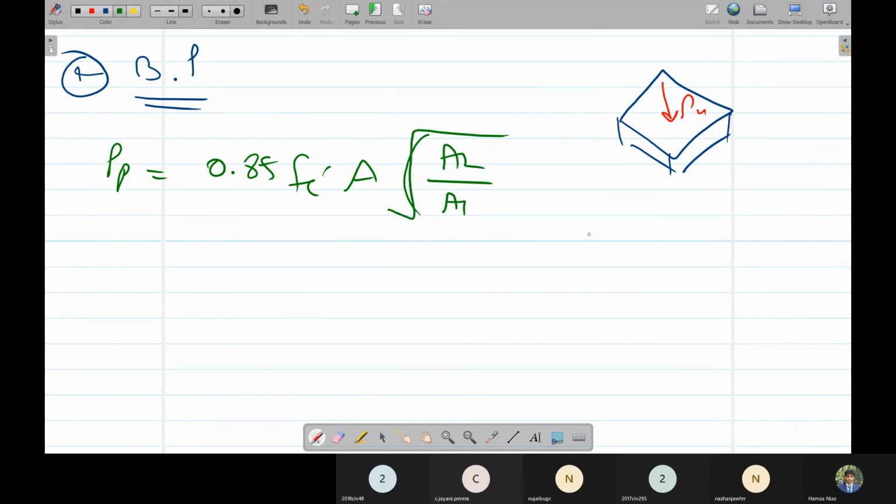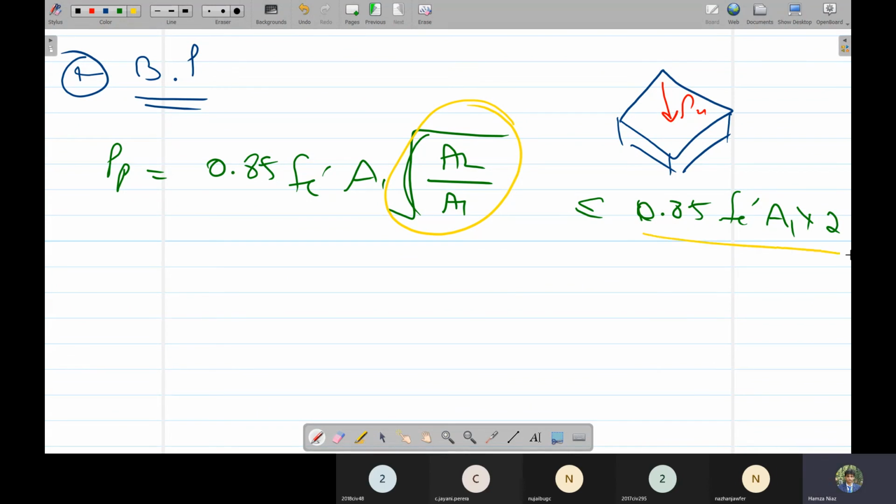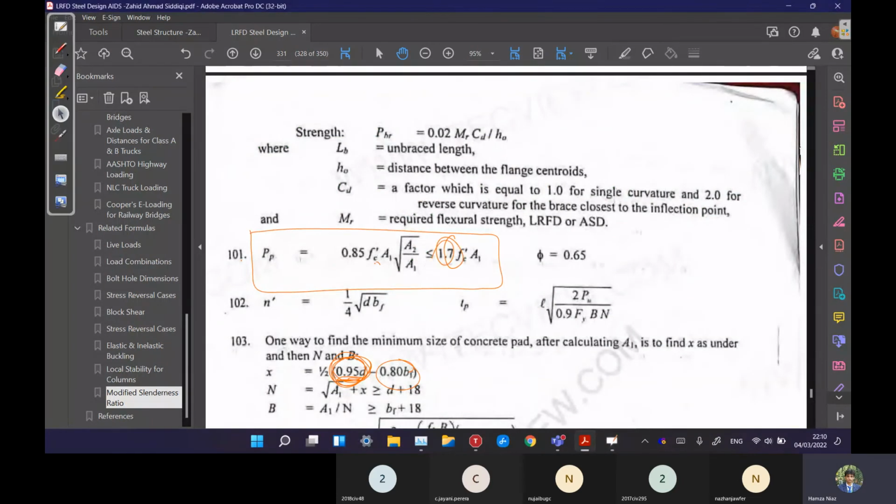And it should be less than or equal to 0.85 fc' A1 times 2, as this factor should not be greater than 2. If it comes greater than or equal to 2, this is the limiting point: 0.85 fc' times 2.